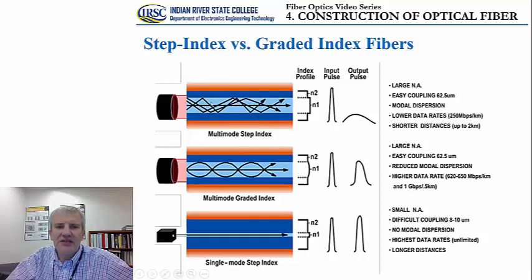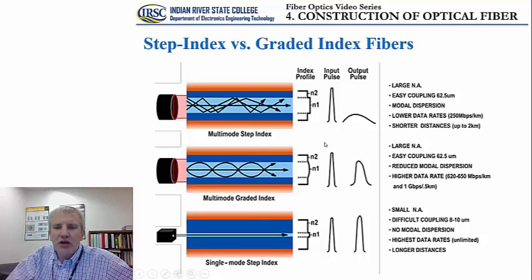Some modes are traveling larger distances because they are bouncing back and forth in a glass core more often than other modes. So these different modes will be arriving at the output of the optical fiber at different times, and that's what is going to cause the spread of the pulse, or so-called modal dispersion.